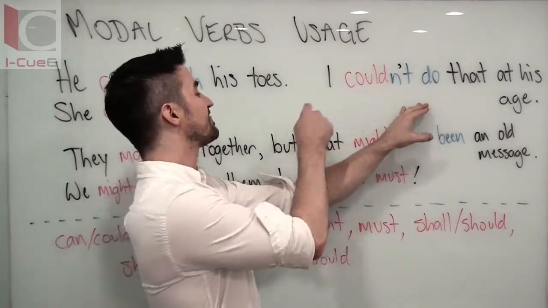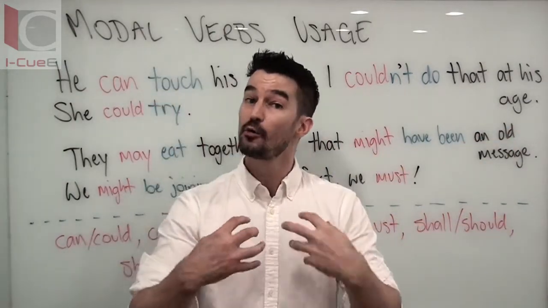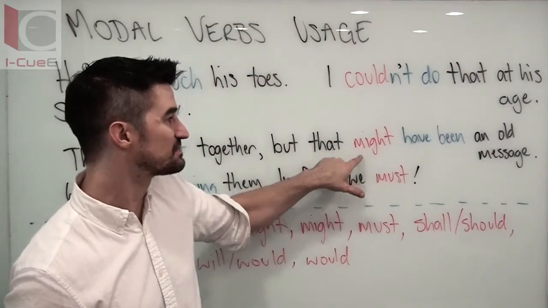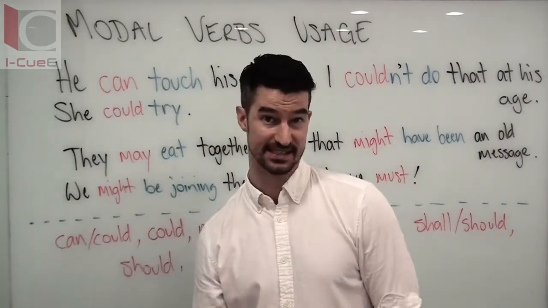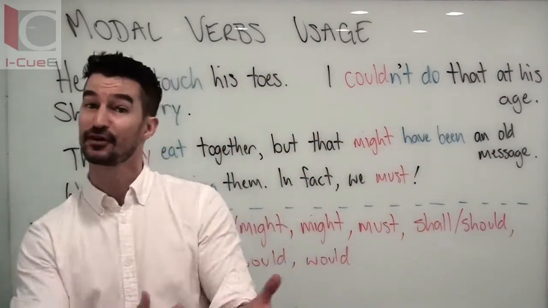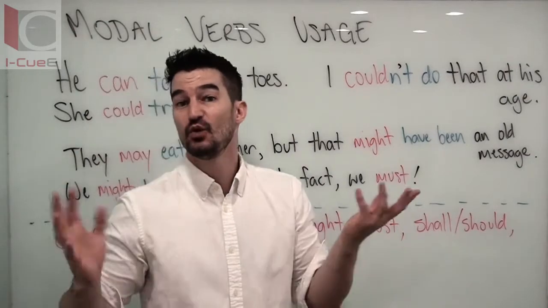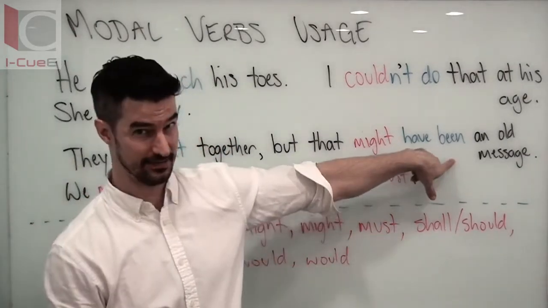It would say, but that was an old message. See, if I know for certain, we wouldn't have to use might have been, we would just state it definitively, it was. So for possibility, we can't say for sure what happened in the past. We can't use that kind of construction. We have to say it might have been.